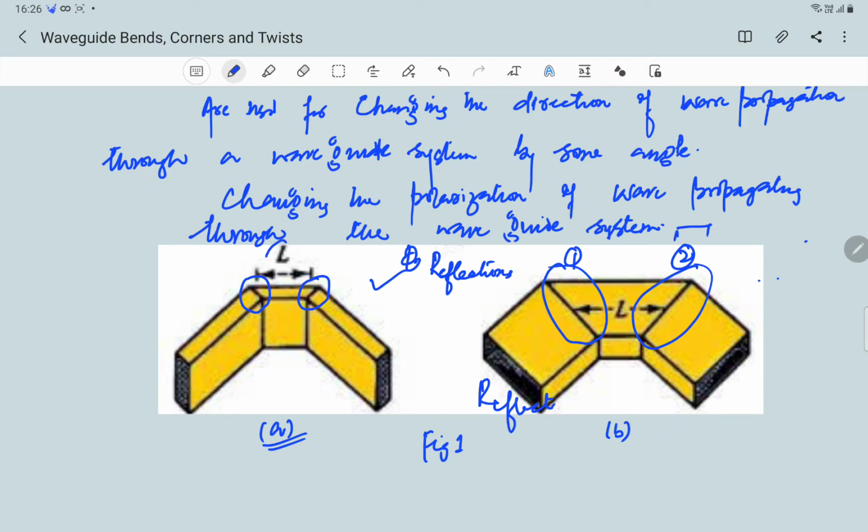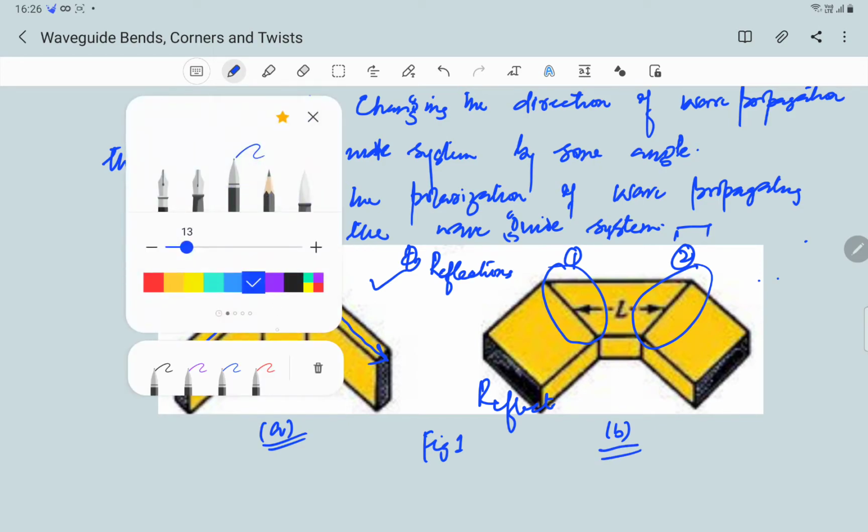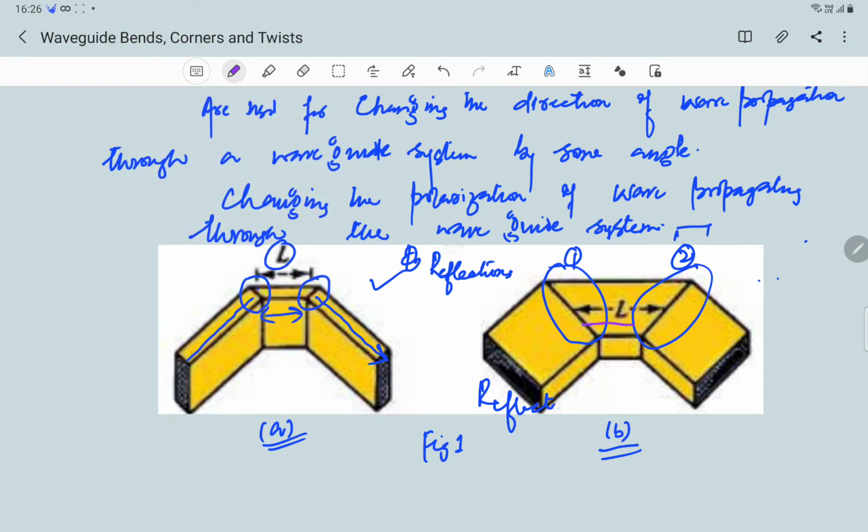So this length L between these discontinuities: this is a continuous waveguide section, this is again another continuous waveguide section. We are connecting them by a small section of a waveguide of length L. Likewise here in figure 1b, we are again connecting them with this length L of a waveguide section, which is tapered on both left and right sides.